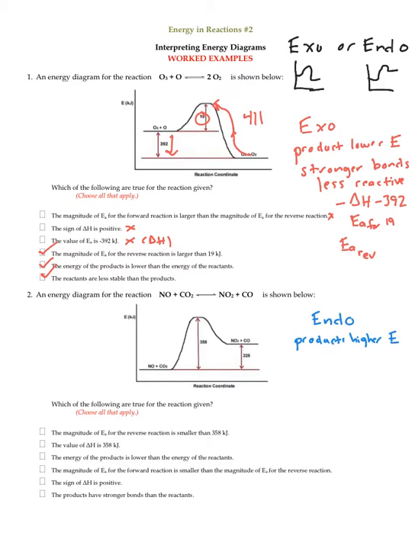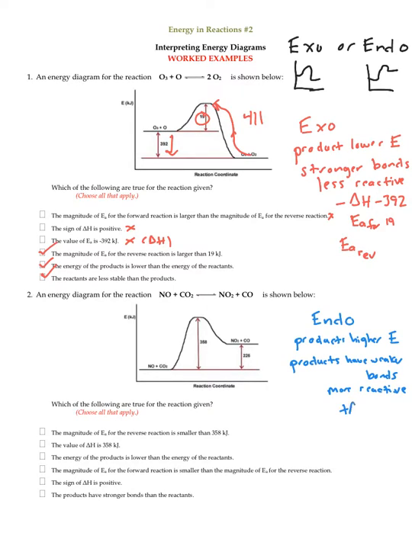We don't get as much energy out when we make our bonds as we put in to break them, because our products have weaker bonds in comparison to our reactants, and our products are going to be more reactive than our reactants.